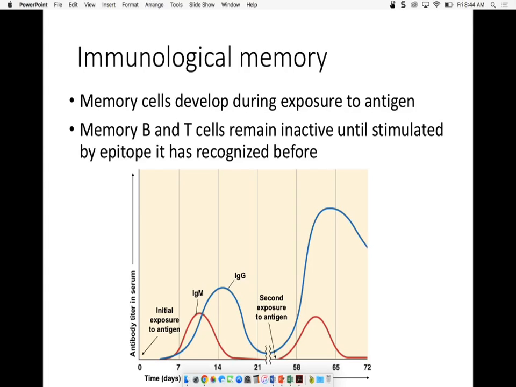B cells and T cells, after they have been exposed to a pathogen for the first time, undergo a process of continual selection, where at the end of the infection, only those that are best suited to bind to the pathogen through its epitopes are the ones that end up surviving. And some of those cells become long-lived memory cells.